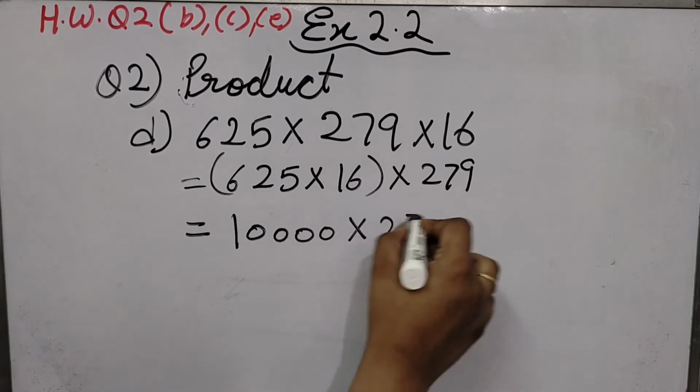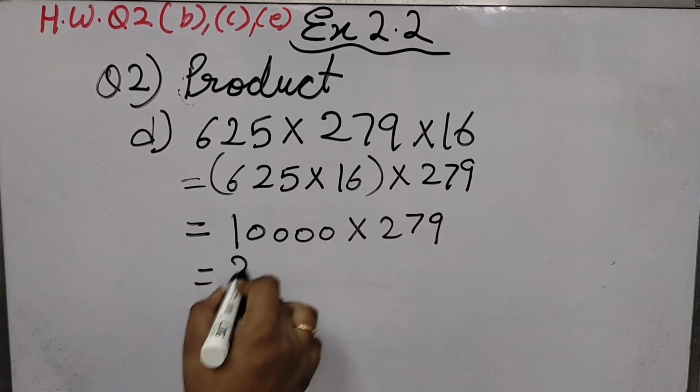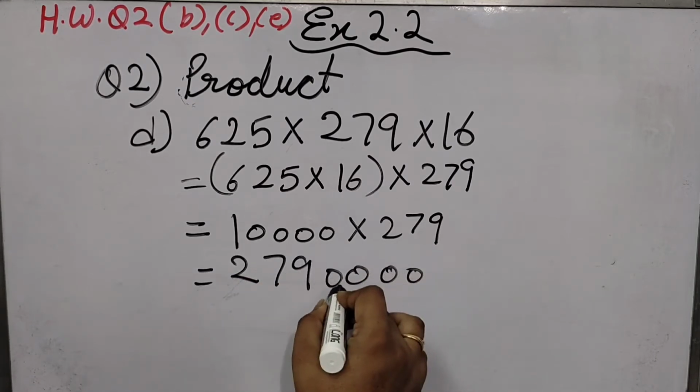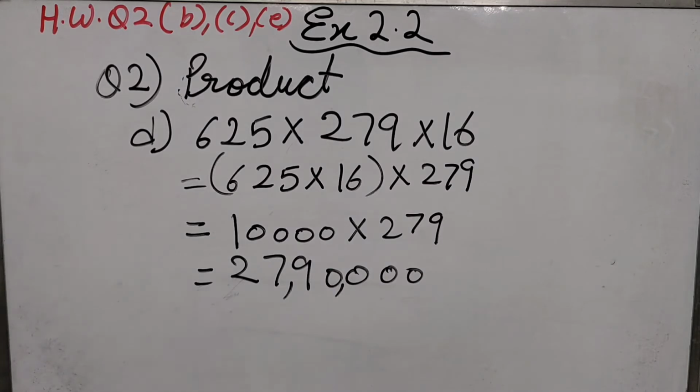Now you multiply it with 279 and your answer is 27,90,000. So this is how you need to arrange numbers together so that you can make your calculations easier.